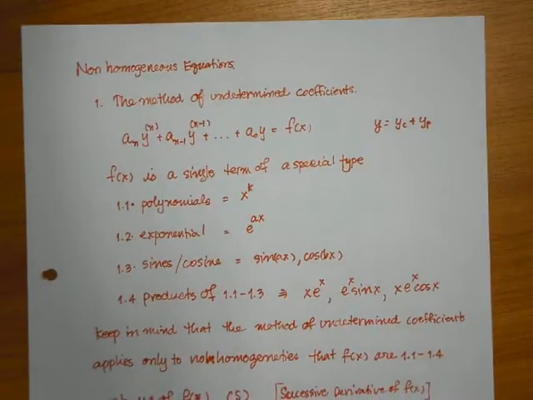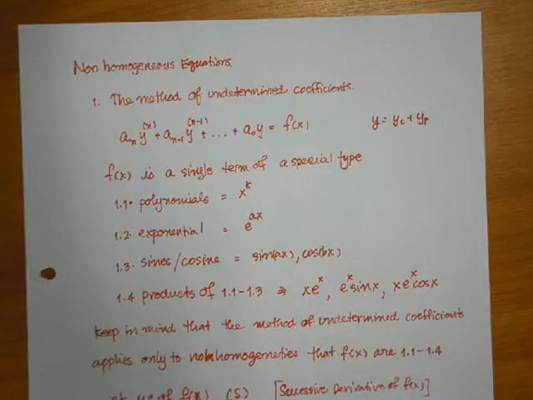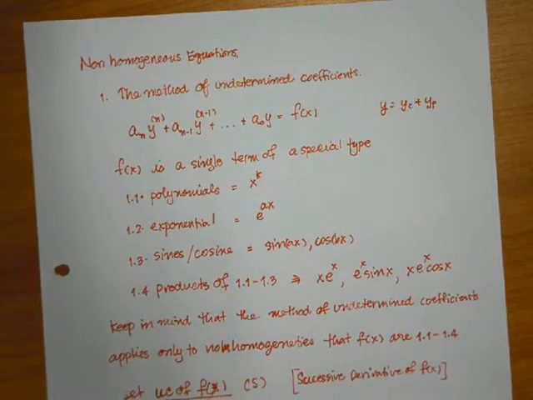The method that we are going to use to find yp is called the method of undetermined coefficients.